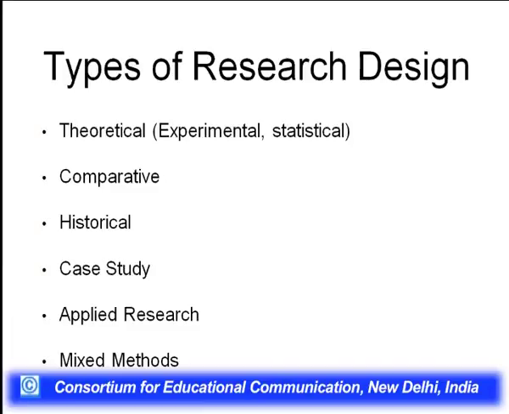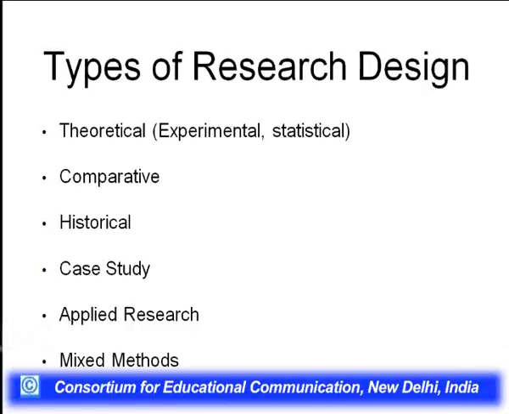Third is historical, if you're from a history background, or even if you are not, if you think that history played a very important role in certain events, then historical research might be very useful for you. You can also do a case study, where you go into in-depth analysis of that particular case, you go into the detail of that case. So you might adopt the case study method.